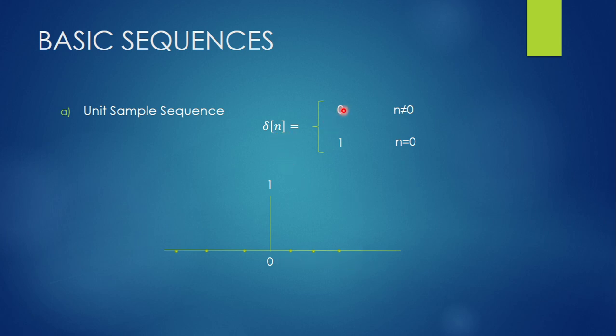Delta n is 0 when n is not equal to 0, meaning when n is equal to 1, 2, 3, -1, -2, anything like that. Delta n is 1 when n is equal to 0. At n equal to 0, it has a value of 1. At n equal to 1, 2, 3, at n equal to -1, -2, -3, all these values are 0. This is called the unit sample sequence.